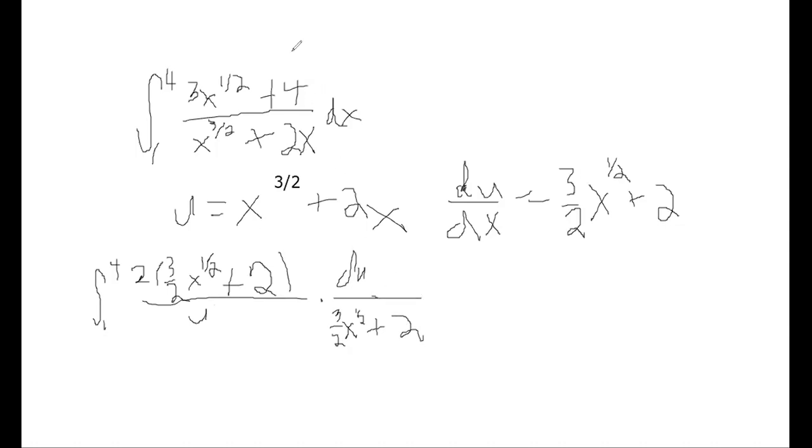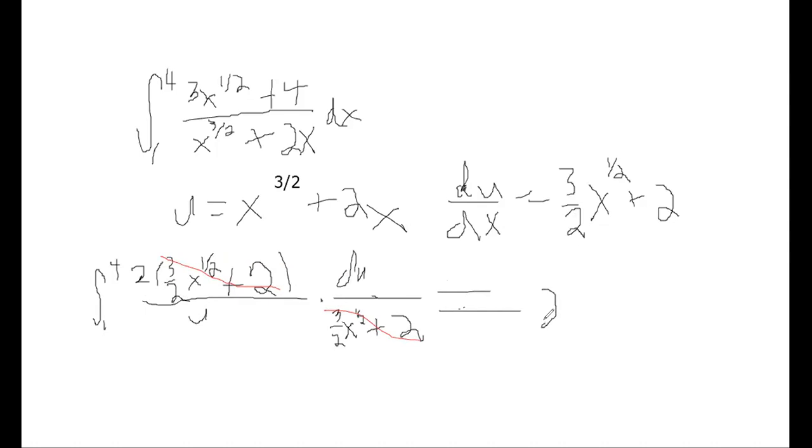And here, this and this will cancel. So we end up getting the integral from 1 to 4 of 2 over u du.